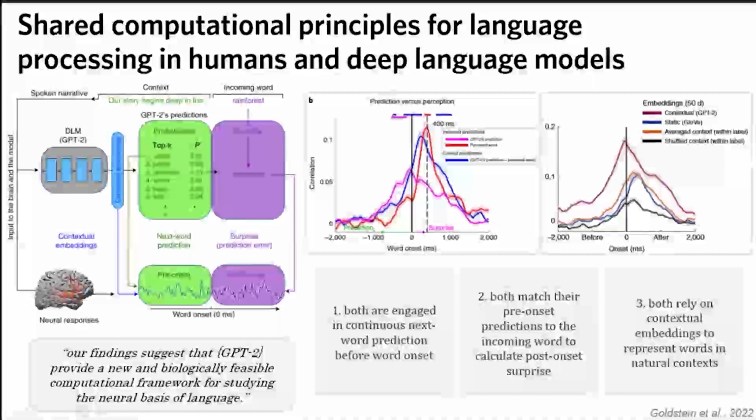Two, both match their pre-onset predictions to the incoming word to calculate post-onset surprise. So after you see the actual word which occurred, if it's what you predicted, that's good, no loss, we're good. If it's not the one you predicted, you have a loss signal, and you have to backpropagate and update and so on. And three, both rely on contextual embeddings to represent words in natural context.